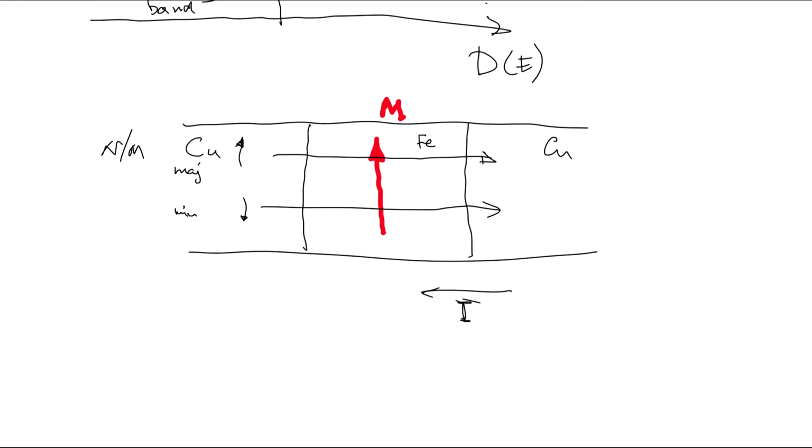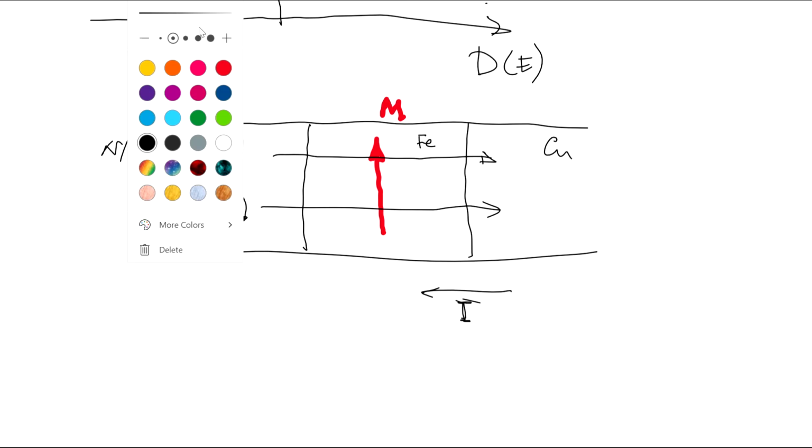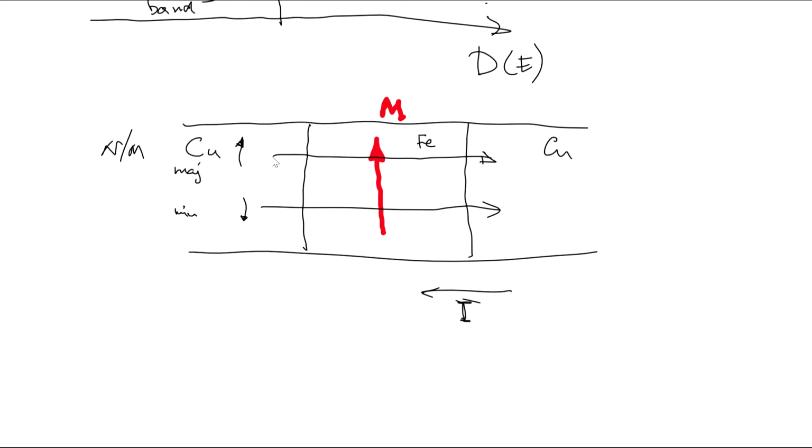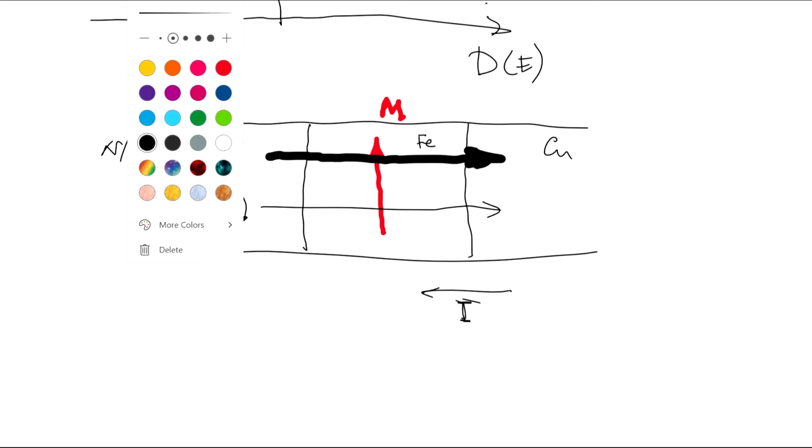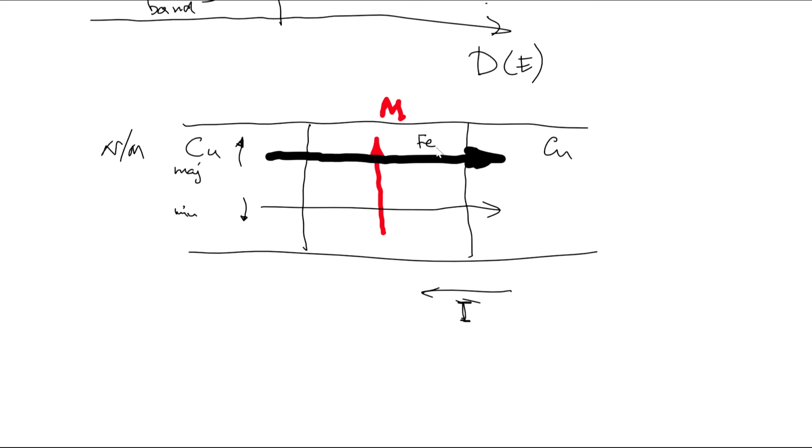So there would be a fairly small current flowing for minority states, and a fairly large electron flow for majority states. If you look at the conductivities of these two channels, you can think of having two parallel resistors. So you would have resistor 1 and resistor 2 in parallel, and this is the equivalent circuit.